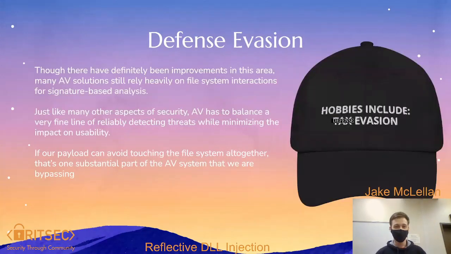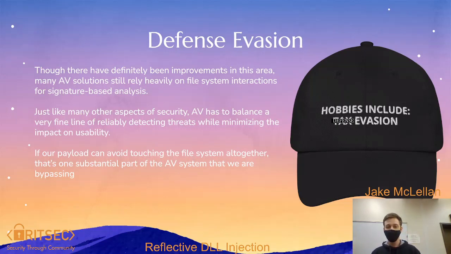for defense evasion. So defense evasion is basically in the Windows world pretty much just avoiding Defender for all intents and purposes. So yeah, basically AV solutions have gotten pretty decent, but there's still a pretty heavy reliance on file system stuff for their signature-based analysis.